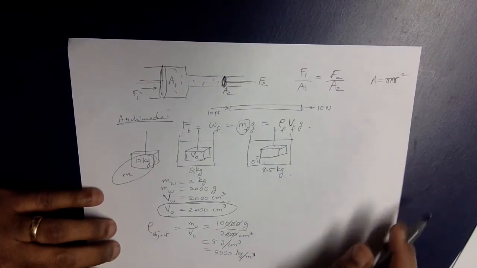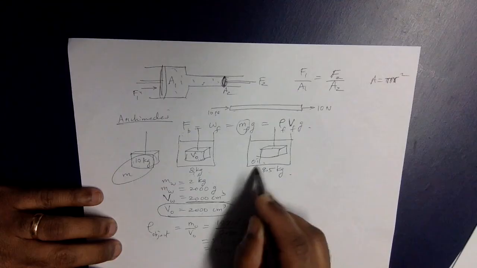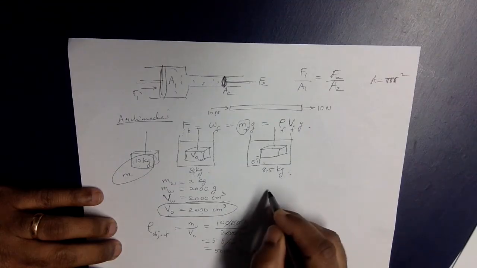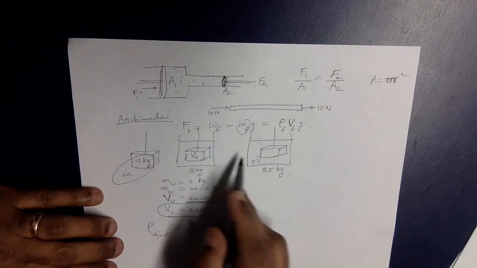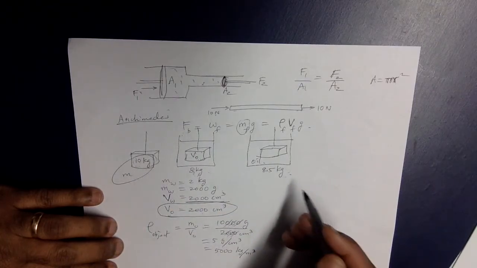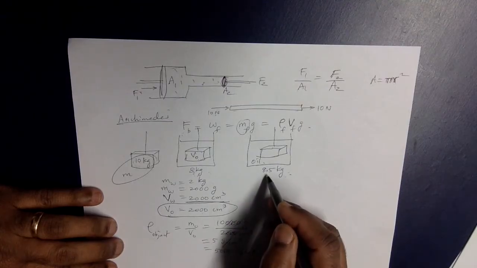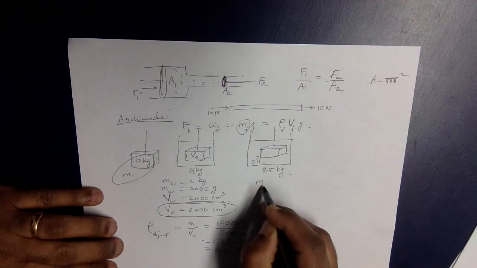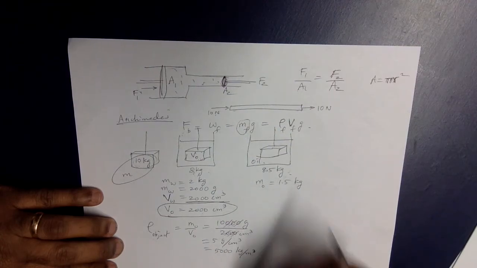So what you can do now is go back again. It was weighing 10 kilograms, now it weighs 8.5 kilograms, which means the buoyant force is 10 minus 8.5, which is 1.5 kilogram of oil displaced. That means the mass of the oil displaced is 1.5 kilograms.